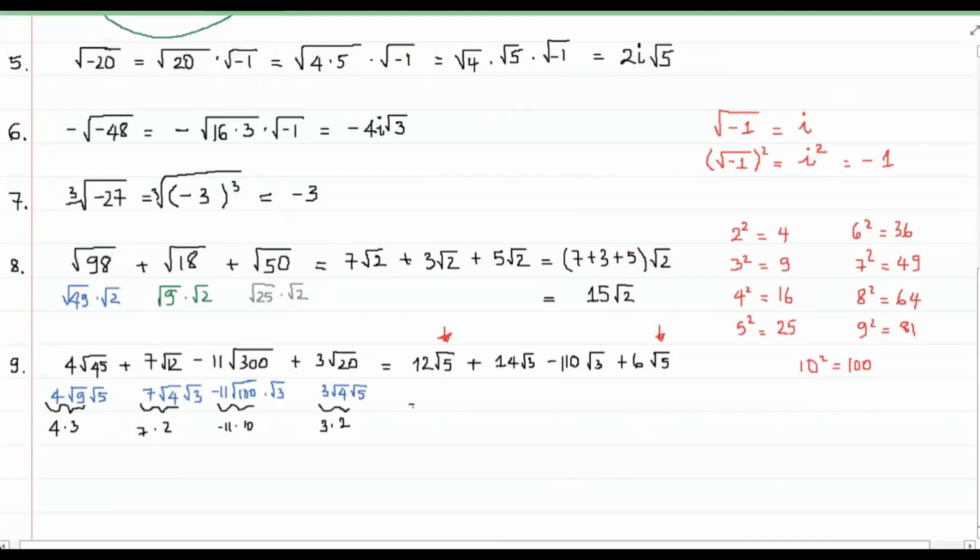This one equals 12 and 6 square root of 5. And then we add 14 minus 110 square root of 3. This one is equal to 18 square root of 5.